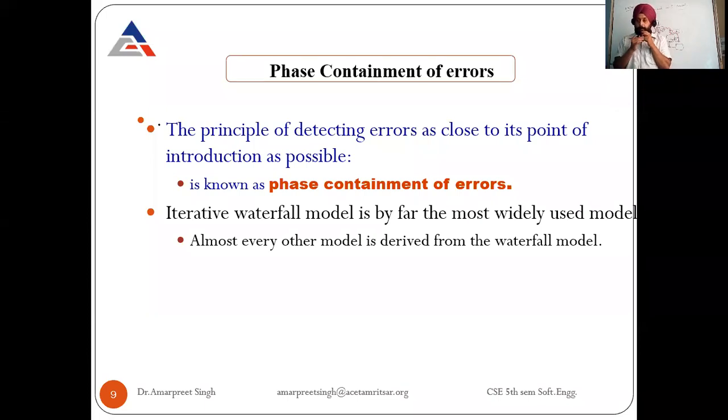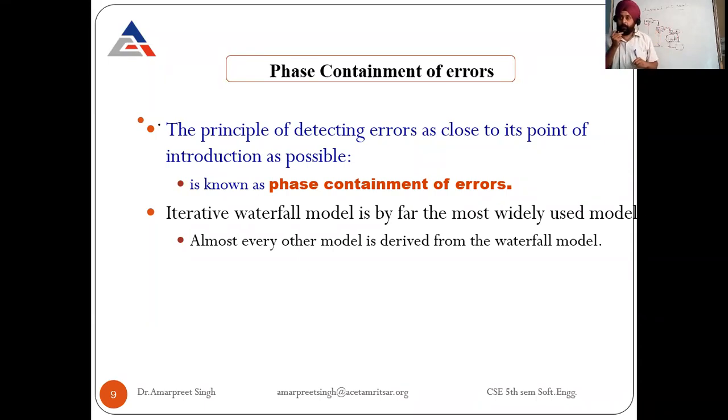If we have a good team of software developers, this characteristic will be present in the life cycle model. If experts are there, they are known to handle errors right at the point where they occur.